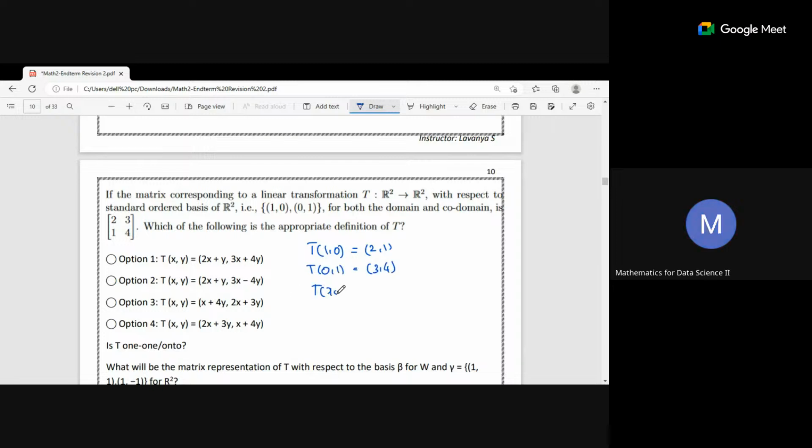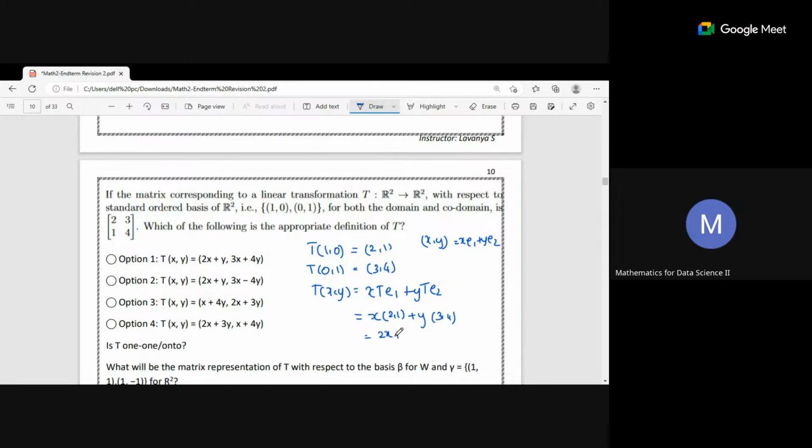So T of (x, y) is equal to x times TE1 plus y times TE2, right? Because (x, y) is simply xe1 plus ye2. So applying T on both sides, you get x times (2, 1) plus y times (3, 4).